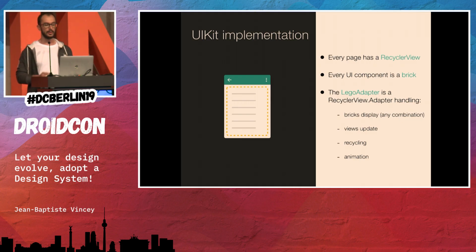And we have our own implementation of a Lego adapter that can handle any combination of bricks. So it handles the brick display and the view updates, also leveraging DiffUtil to update only views when required. And it handles recycling and animation.